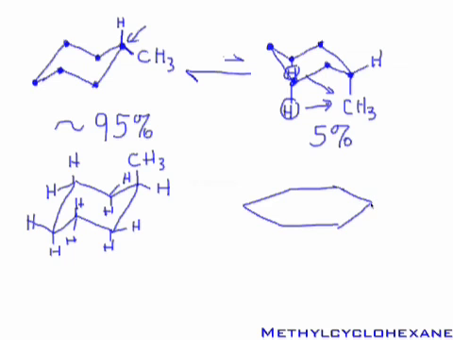You could very easily tell that if I put two methyls on, this is cis or Z. If I draw 1,2-dimethylcyclohexane and make it flat, this clearly looks Z. But if it's drawn in a chair conformer, it can be harder to see.